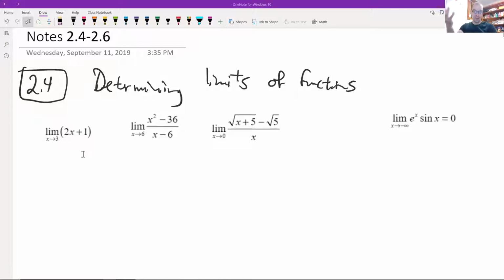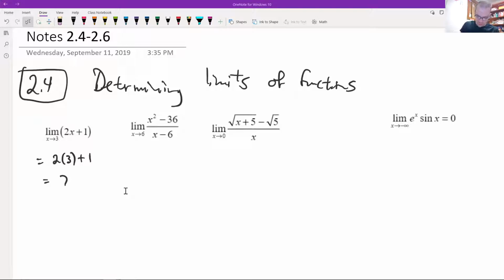So a lot of times in limits, you're able to just plug in the limiting value. If x is approaching 3, let's just try plugging in 3, and we get 7. And that's totally fine.